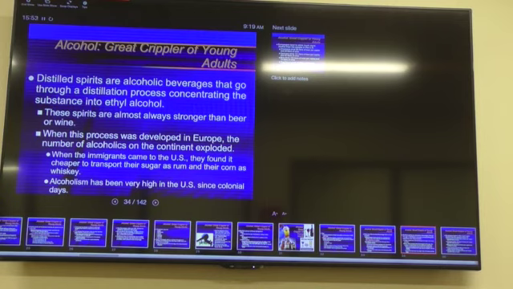Here they are growing corn down in the Caribbean. They're growing sugar, and of course it's difficult to transport sugar or corn because it's so bulky. So what they did, they created rum and corn whiskey in order to transport it. It's a lot easier to transport the corn as whiskey than it was as corn on the cob.